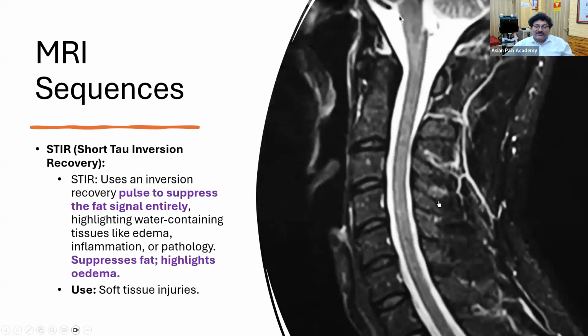So that is why we have the fat suppressed image, known as the short tau inversion recovery or STIR image. Here there are some recovery pulses to suppress the fat signal intensity. The aim is that only water will remain white. So if there is any pathology or inflammation, it will pop up because now the fat is black.